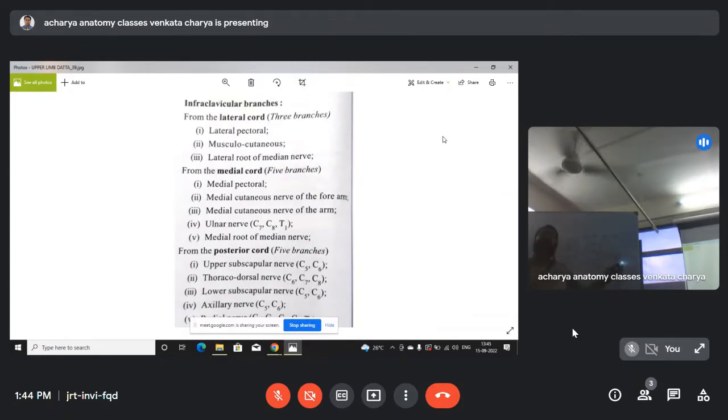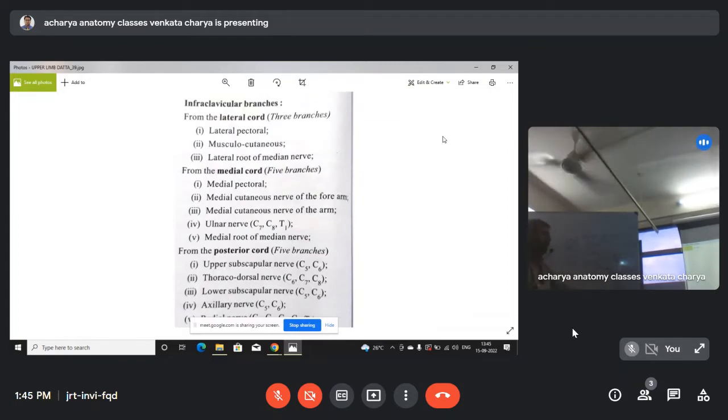Musculo means it supplies the muscle, and as well it supplies the skin. Next, L stands for lateral root of median nerve.